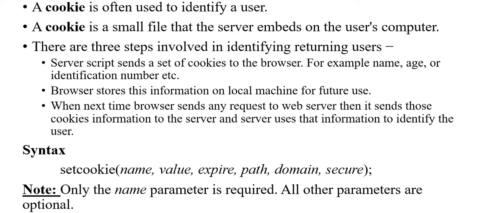Whenever you want to create a cookie, it is created with the setcookie function. The syntax of the setcookie function is setcookie, then pass parameters: name, value, expire, path, domain and secure.